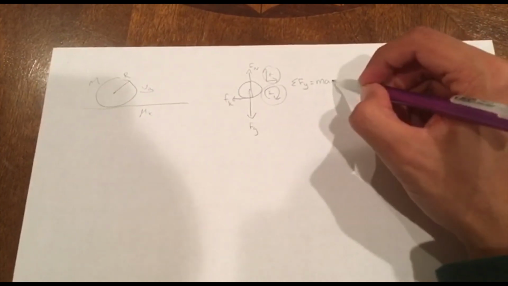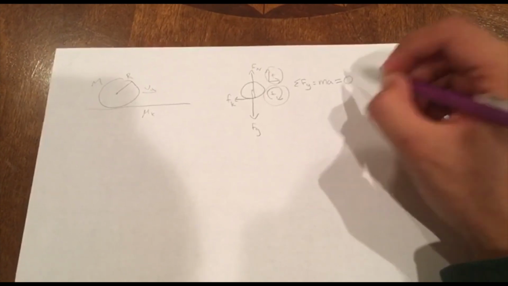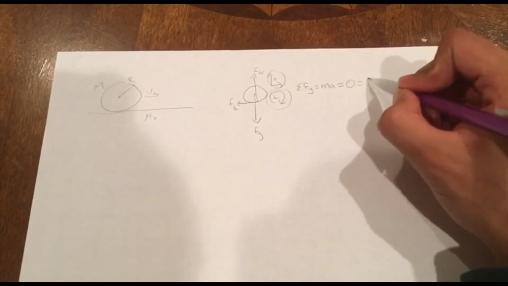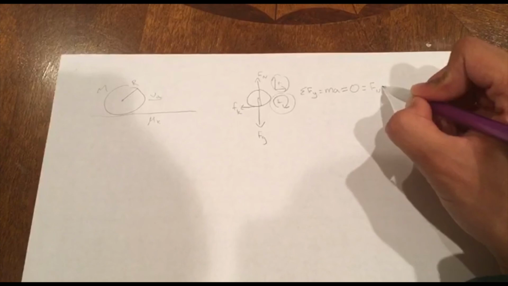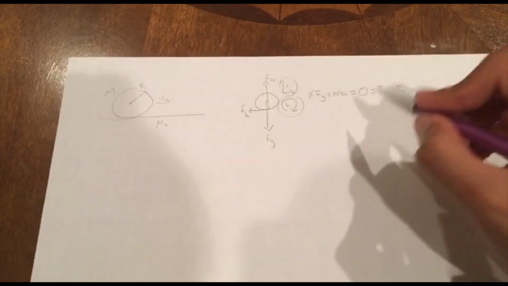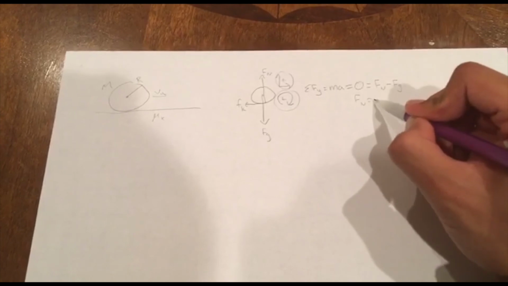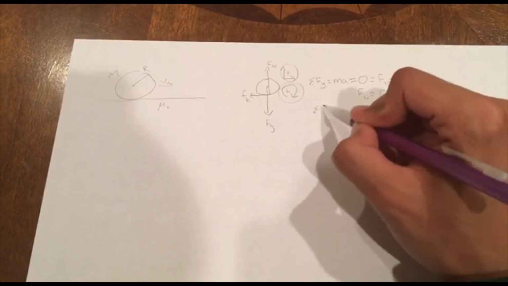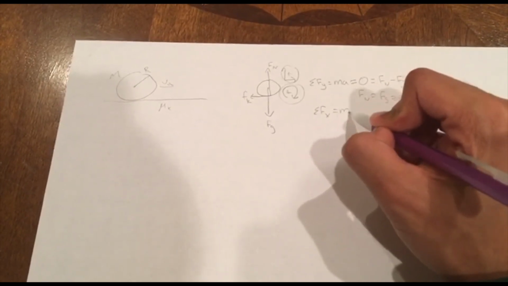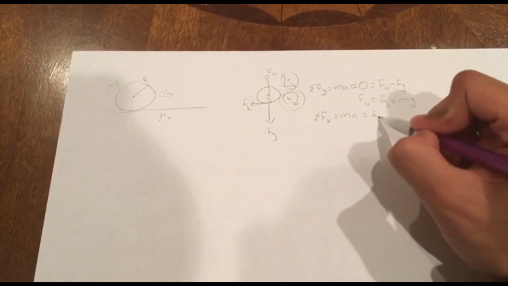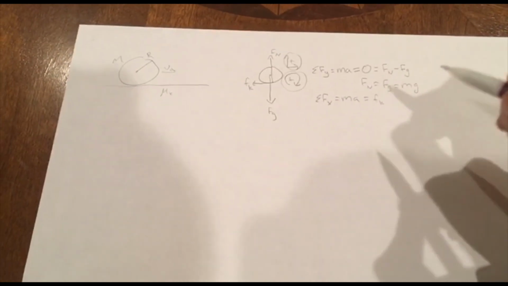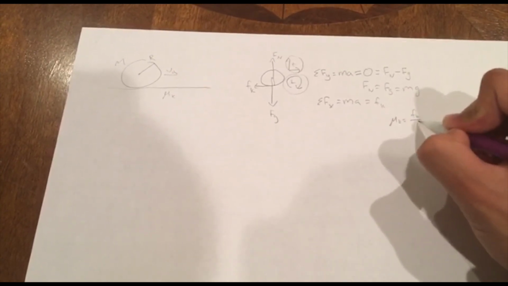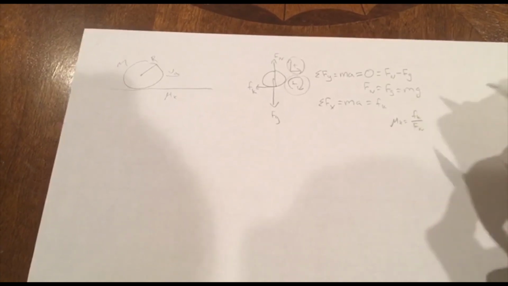Sigma F equals ma equals 0 because the net force in the y direction cancels out, and it's equal to Fn minus Fg. Therefore, Fn equals Fg equals mg. So in the x direction, f of x equals ma equals f of k. What does f of k equal? So we know mu k is equal to f of k over f of n.